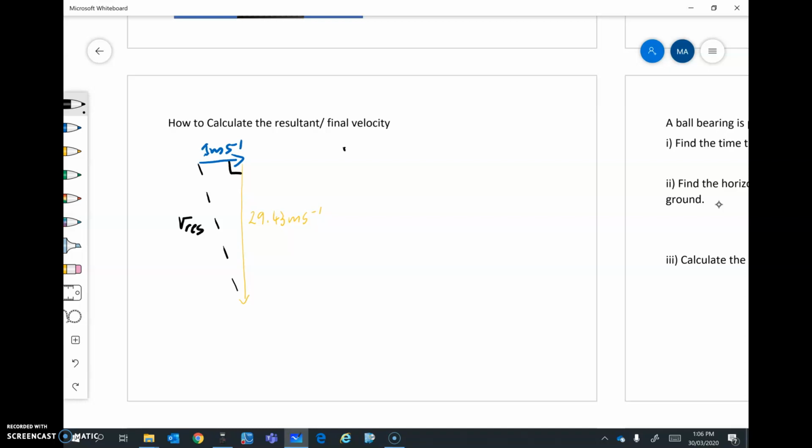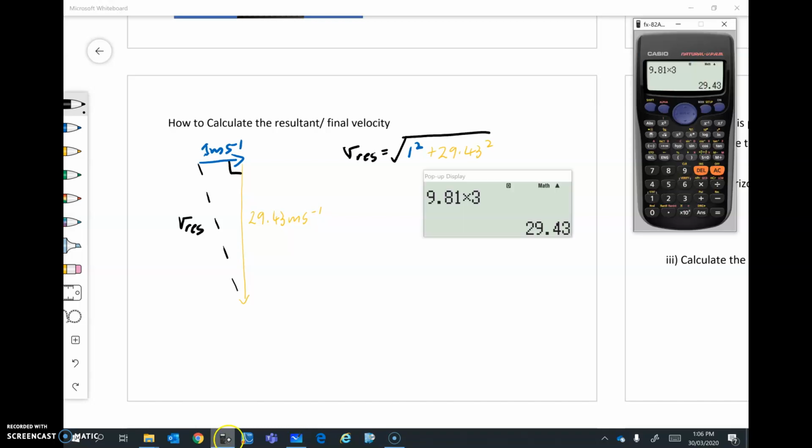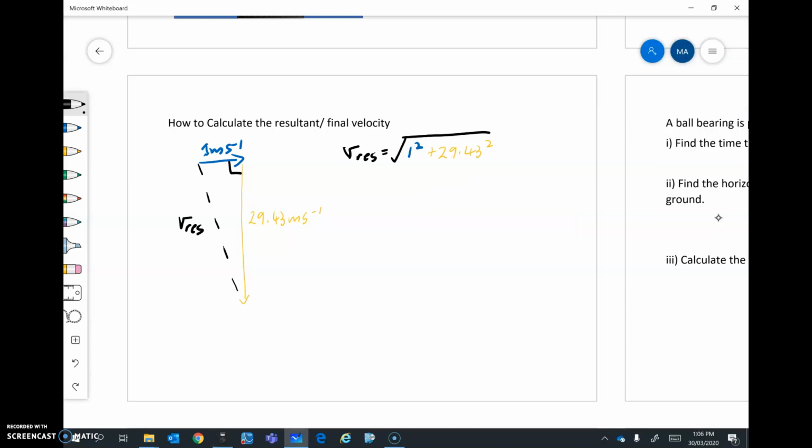Okay, so the resultant velocity is equal to the square root of the horizontal velocity squared plus the vertical velocity squared. So that gives us 29.45, we'll say. Now we also need to calculate the direction by finding that angle below the horizontal.